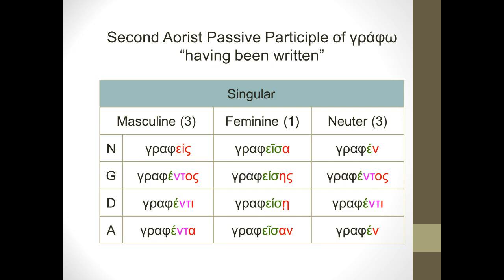The difference is that it does not take a theta, because it shows up only with grapho, and in this case the phi and the theta would collide with one another in pronunciation. So it's just simply graphes, graphesa, graphen, and so on with the various cases.